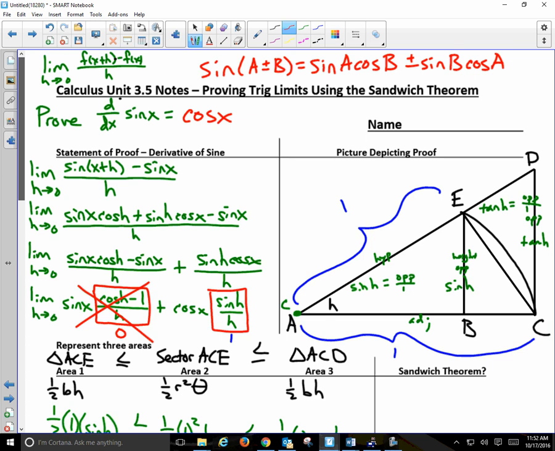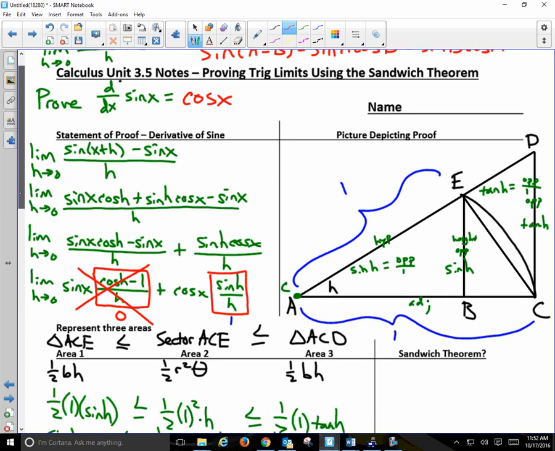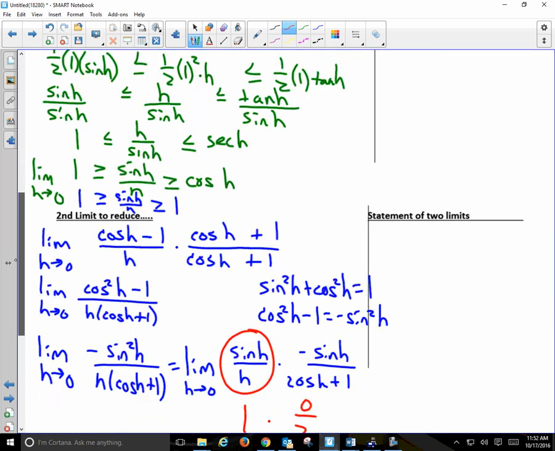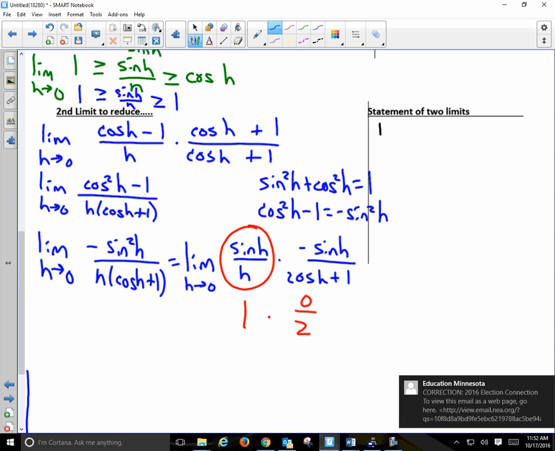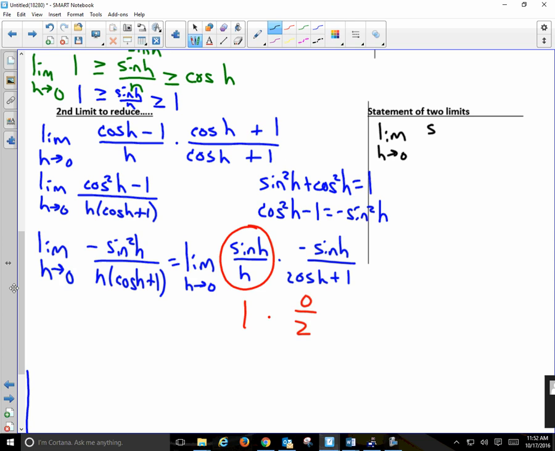Now that we know that, the rest is pretty easy to do, as far as cosecant, secant, tangent, cotangent, all that stuff. But there are two limits that you will have to remember. The limit as h goes to 0 of sine of h over h is a very important limit. We used the squeeze theorem to show what it was.